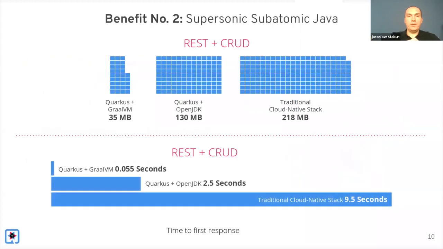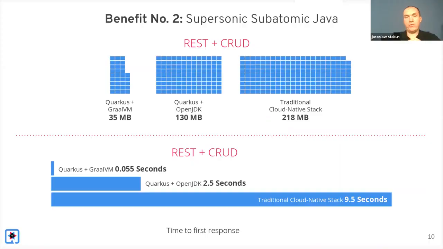The other benefit: Quarkus is called supersonic and subatomic Java. Supersonic means that you can start your Quarkus application super fast compared to the traditional Java stack, as you can see here on the picture.